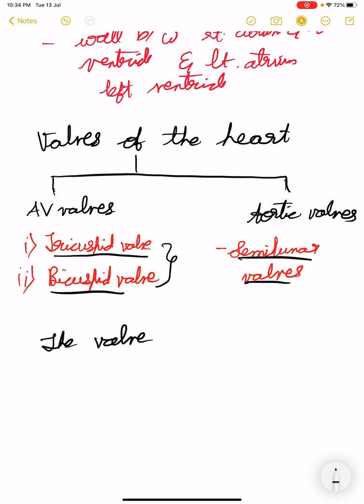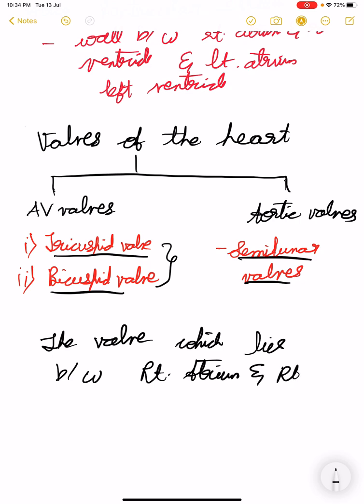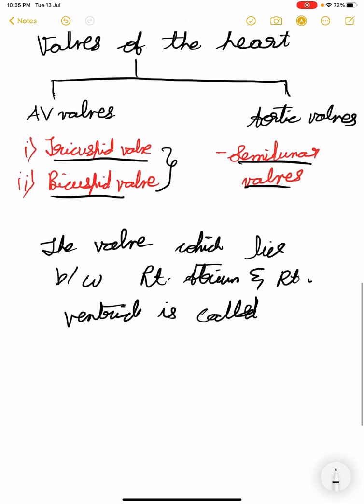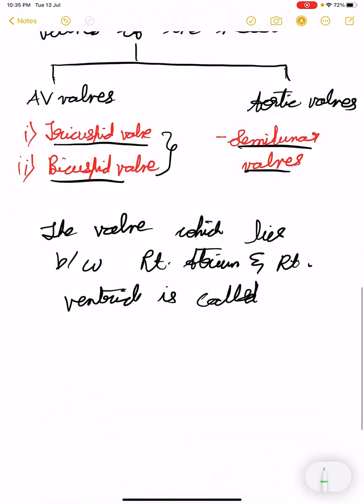So the wall which lies between right atrium and right ventricle is called tricuspid wall.